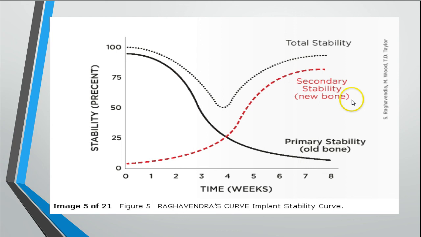But you might not need to wait up to 4 months. Our guideline is usually after 12 weeks, which is roughly 3 months. You can go back and take the prosthesis out and be comfortable, because the secondary stability is almost finished and your implant stability is all at 100%.